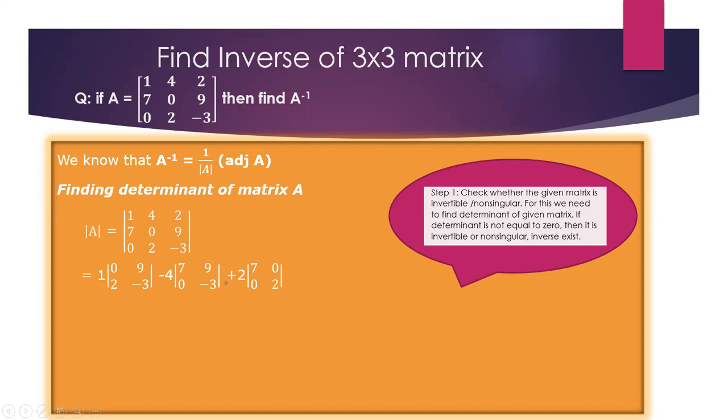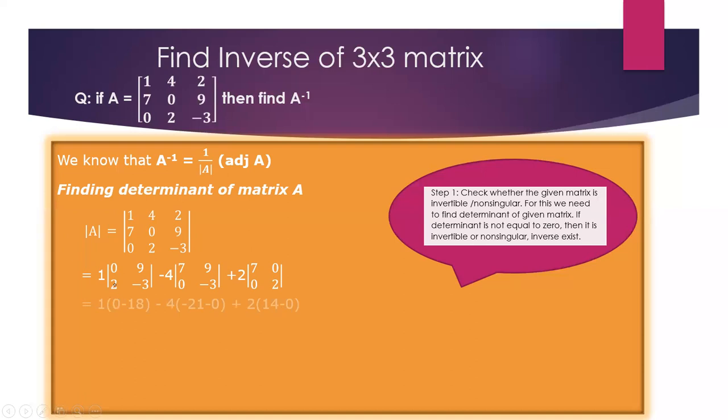Okay. Now put the positive sign, then write the third element, that is 2, and this will be multiplied by its corresponding 2 by 2 determinant, and we need to eliminate this row and this column. So 7, 0, 0, 2 will form this determinant.